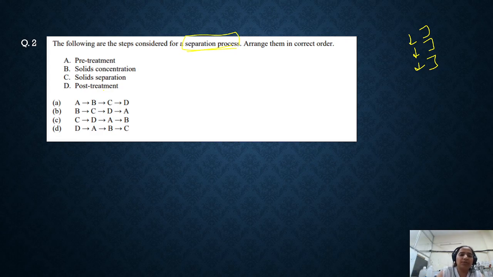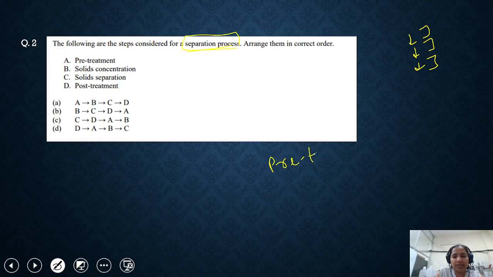So initially what you do is pre-treatment, meaning you are initiating the separation process. There are a few methods you have to use. Just like if you have a collection of stones, you will separate the stones on the basis of their size.